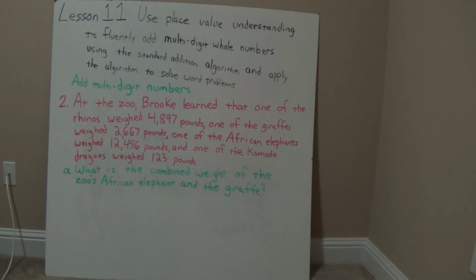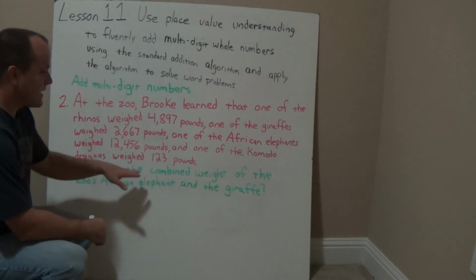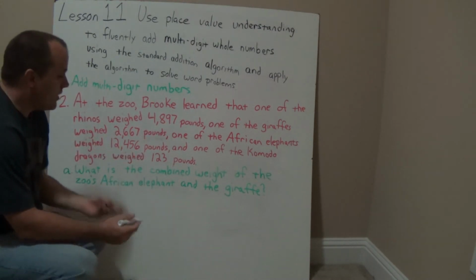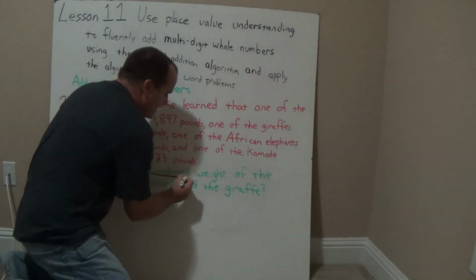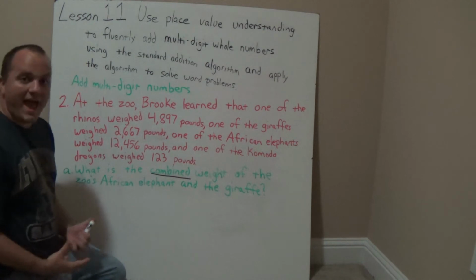So now, I'm going to read it one more time, and I'm going to underline anything that I believe is important. What is the combined weight of the zoo's African elephant and the giraffe? Well, I see this word combined. Now, I know that sometimes when I'm cooking, I combine ingredients together. I add them together.